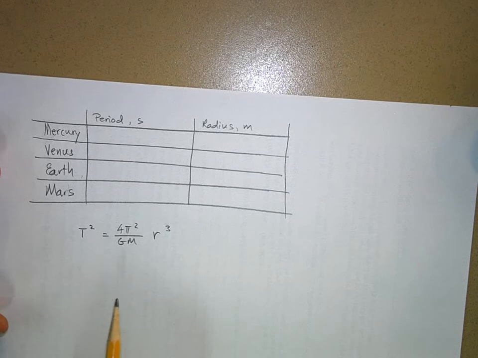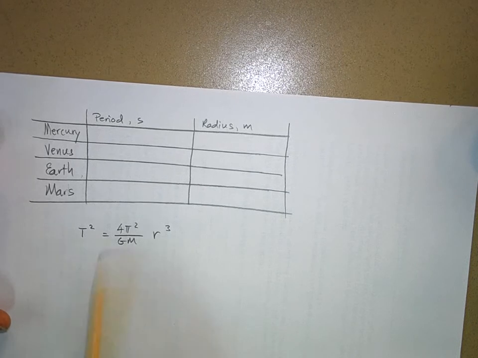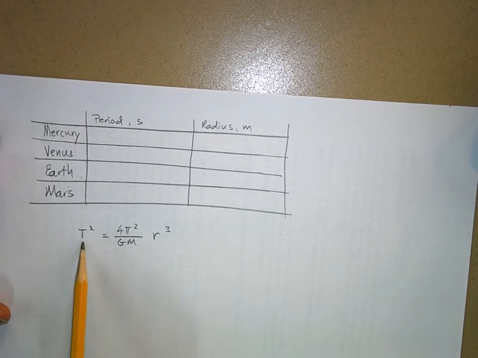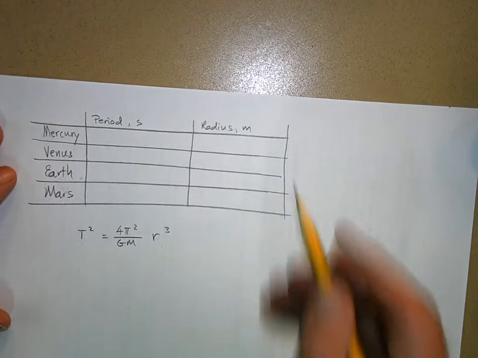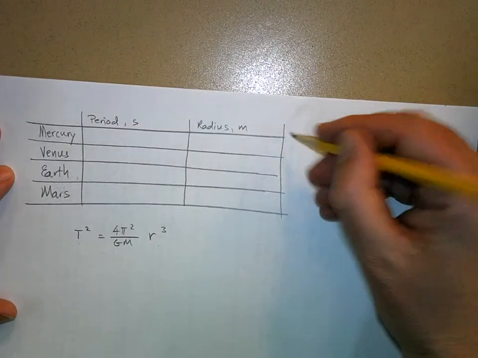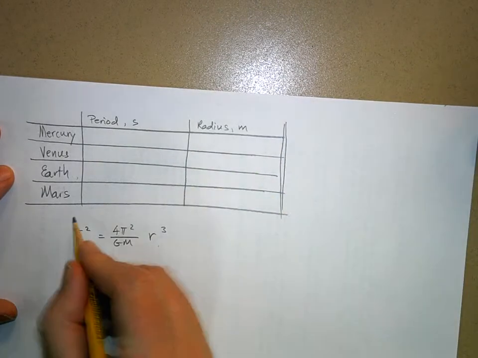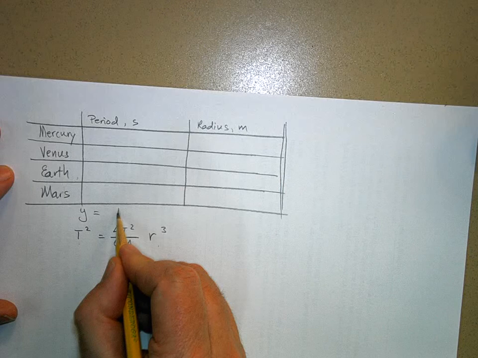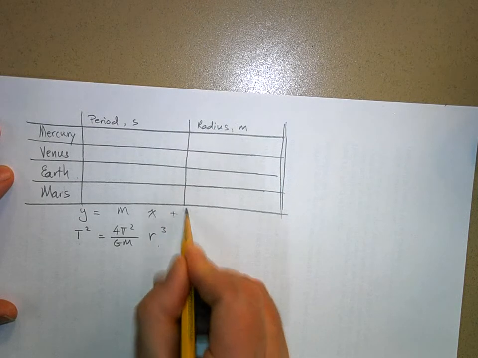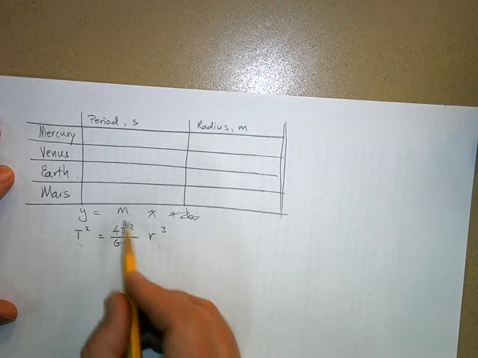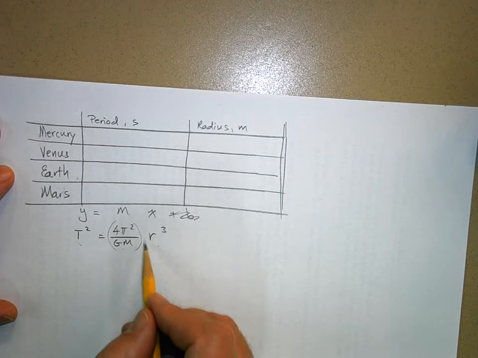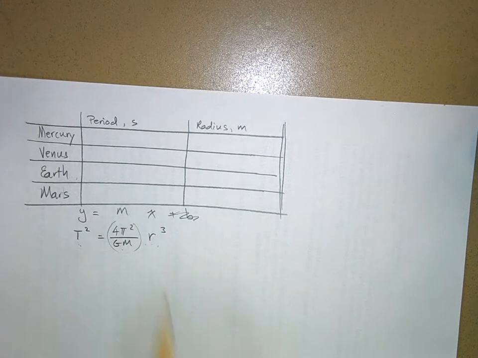So what we want to do is graph the period squared as a function of radius cubed. Because look at this, y equals mx plus b. Well, b is just 0. Y is T squared. This should be the slope, and r cubed is going to be our x value.